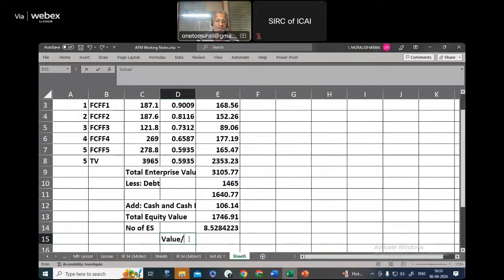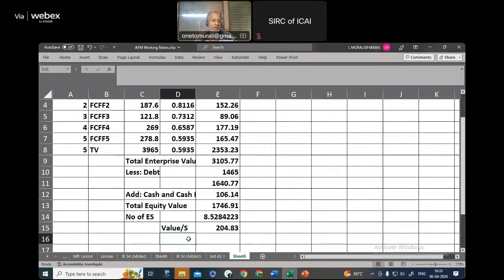Value per share. This divided by this. Totally it comes to 204.83 is the final answer.